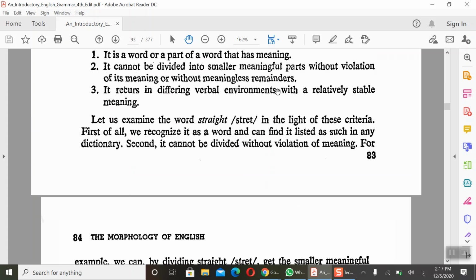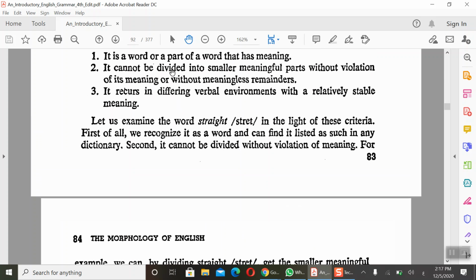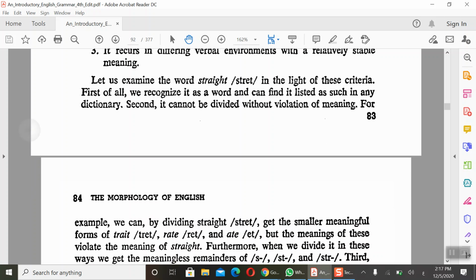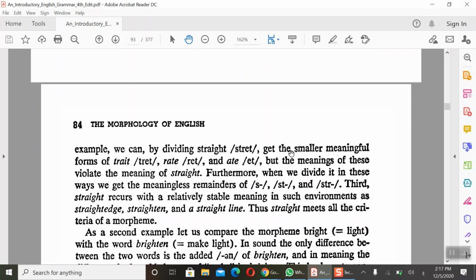This is number one. Second, here we have 2 points. It cannot be divided without violation of its meaning, or without meaningless remainders. We will see. Do we have meaningless remainders? The meanings of these words violate the meaning of trait. You see here, they violate, and are different, as I told you. The meaning of these words is different from the meaning of trait.